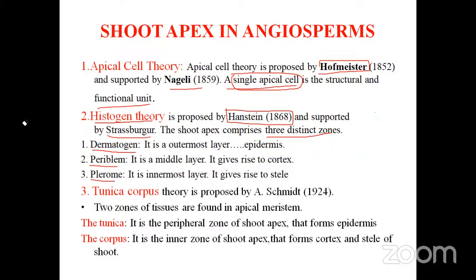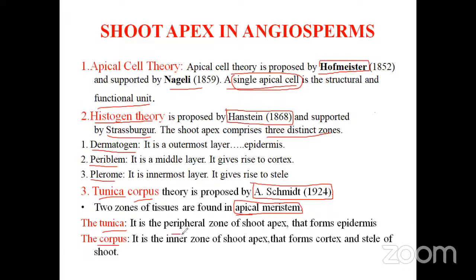Right. Next one, tunica corpus. Sorry, change color. This was proposed by Schmidt. Tunica and corpus are two zones found in the apical meristem. In the group of apical meristem, two zones are clearly found: one is tunica, another is corpus.